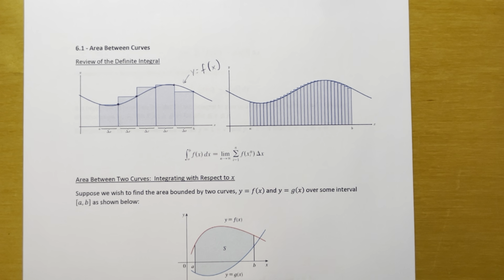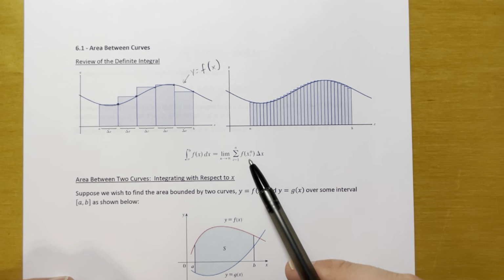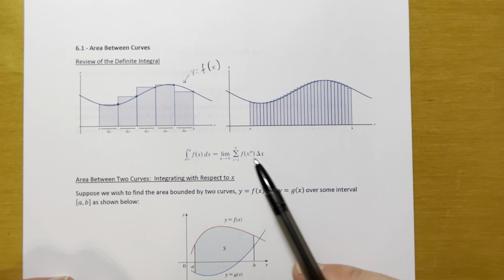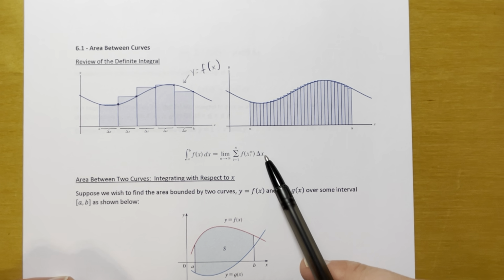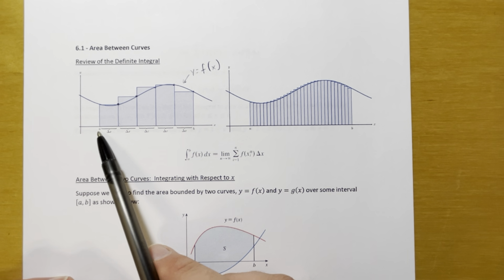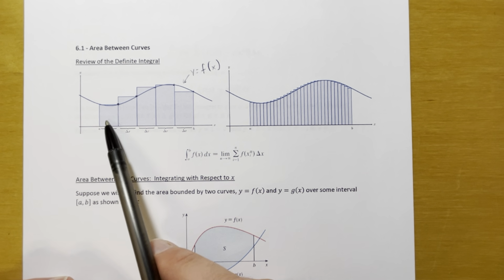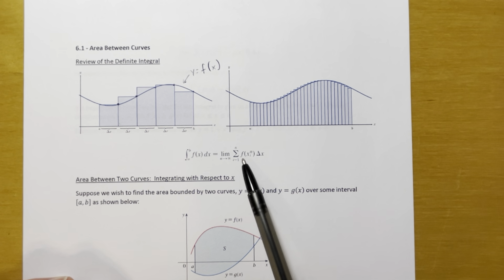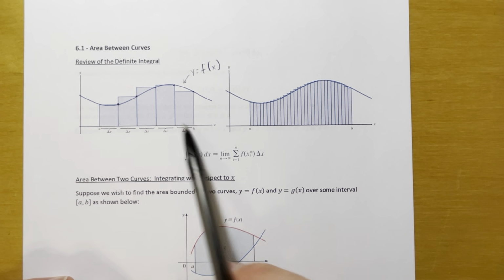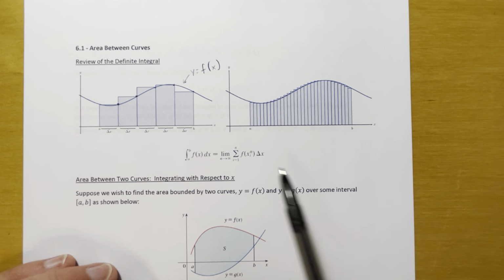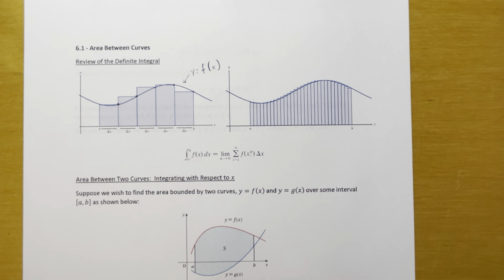So the reason for that is because this idea where we're summing up things that look like products, where I have a subinterval whose width is delta x and a function y equals f of x that I'm choosing sample points in and plugging them in and doing this whole thing, that can be used to represent something other than just areas of rectangles.